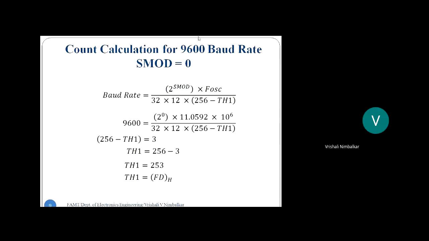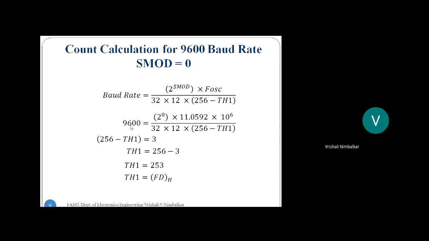Now on substituting these values, we will find out what is the count to be loaded in the timer 1 higher register TH1. So let us begin with the formula. Baud rate is equal to 2 raised to SMOD into the oscillator frequency divided by 32 into 12 into (256 minus TH1).